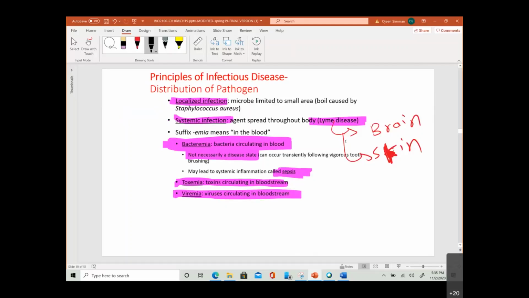How is disease distributed in the body? Diseases can remain localized, for example, what happens with boils that are caused by Staphylococcus aureus.